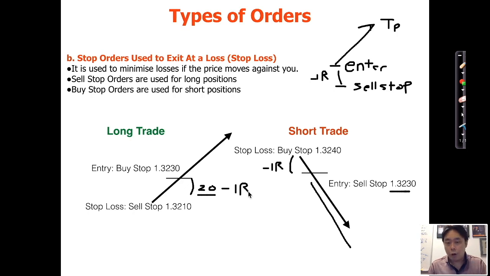So when I'm going short, my stop loss would be a buy stop order at 3240, which is again 10 pips above my entry price. So if it goes to 3240, the stop order converts to a market order. It buys for me immediately at 3240 or somewhere there, and I exit at a 1R loss. So that's how stop orders work.